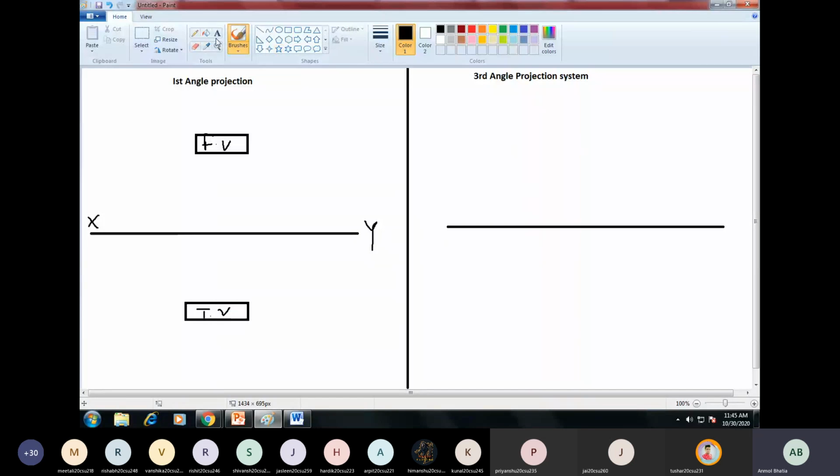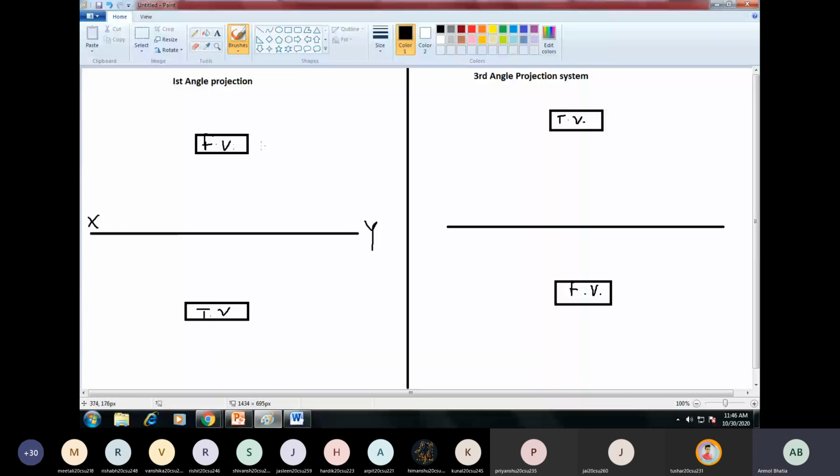But here in the third angle projection system, what happens? The top view is above the XY line, right? And the front view is below the XY line. So this one is the top view and this one is the front view. You know this concept, right?